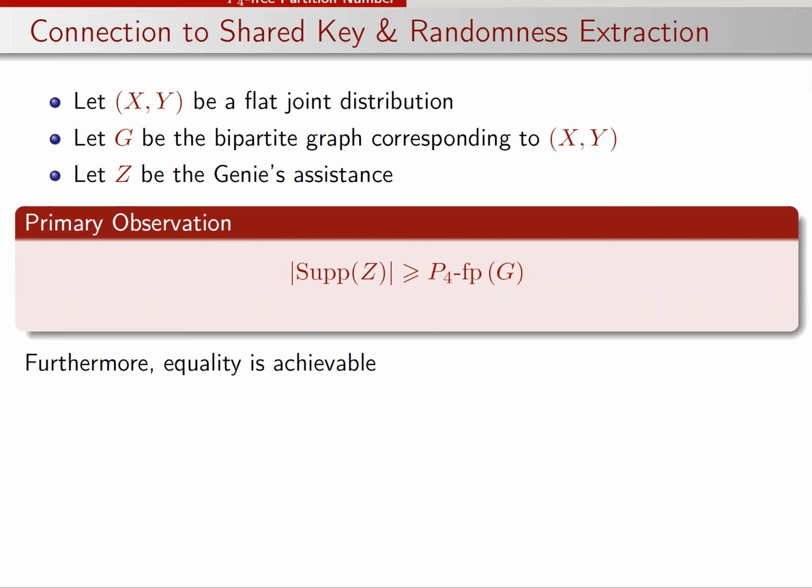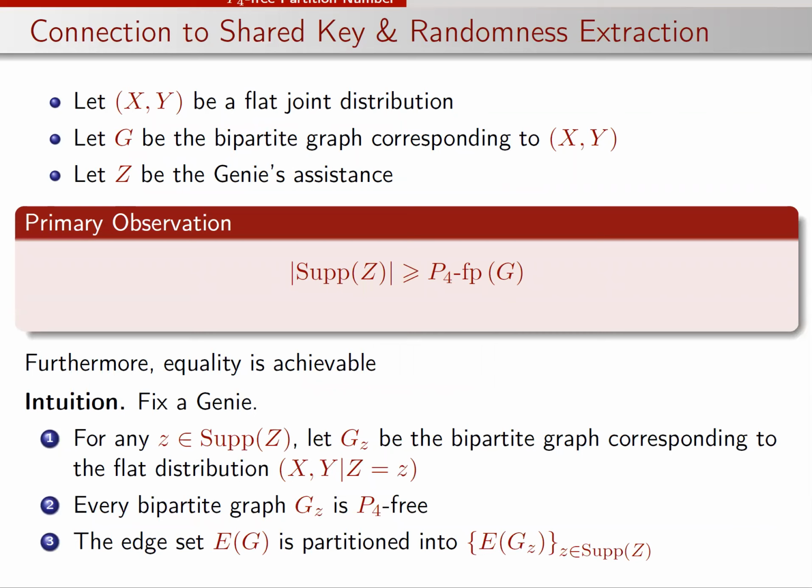So how is the P4-free partition number related to shared key and randomness extraction? Our primary observation is that the size of the Genie assistance support must be at least the P4-free partition number of the graph corresponding to the flat distribution. And furthermore, equality is achievable.